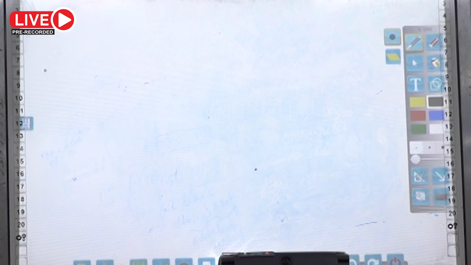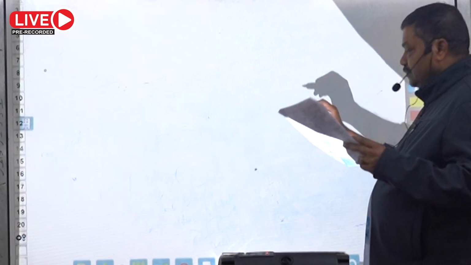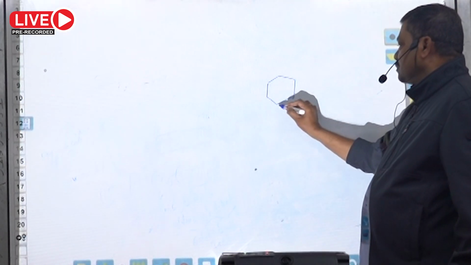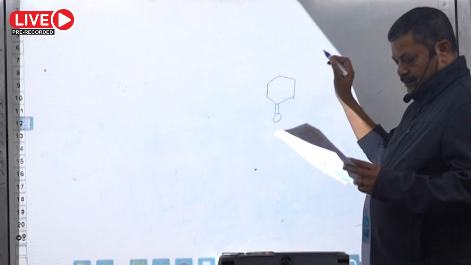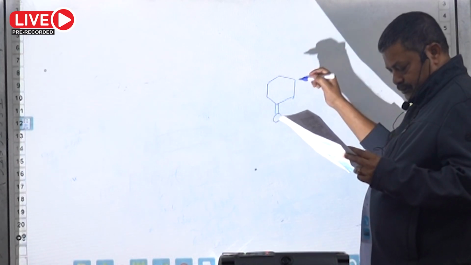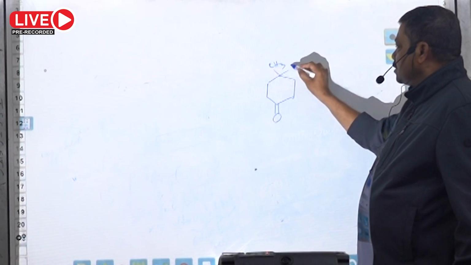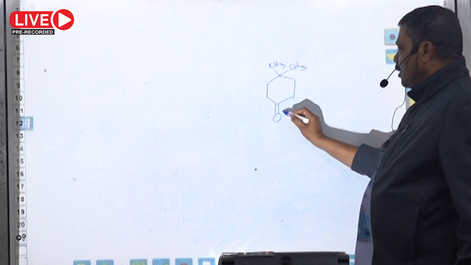Highest oxidation state: in option A, N2H4, N exhibits -2. In option B, ammonia, -3. In option 3, N3H, -1/3. In option D, NH2OH, -1.